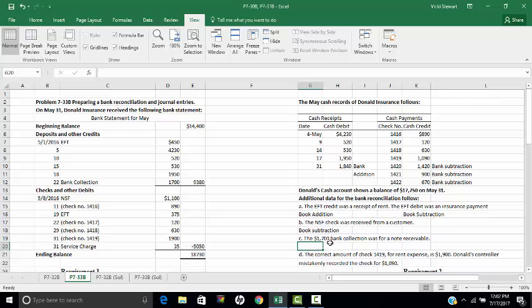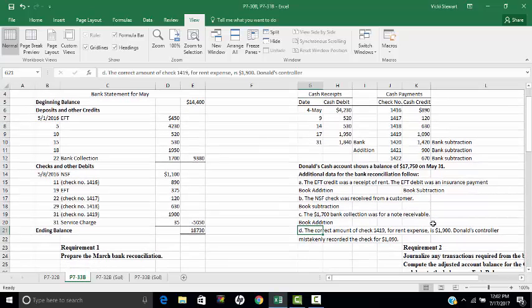Then it states that the $1,700 bank collection was for a note receivable, so they're referring to this bank collection. That means that the bank collected a note for us, so that's going to be a book addition when we do our bank reconciliation.